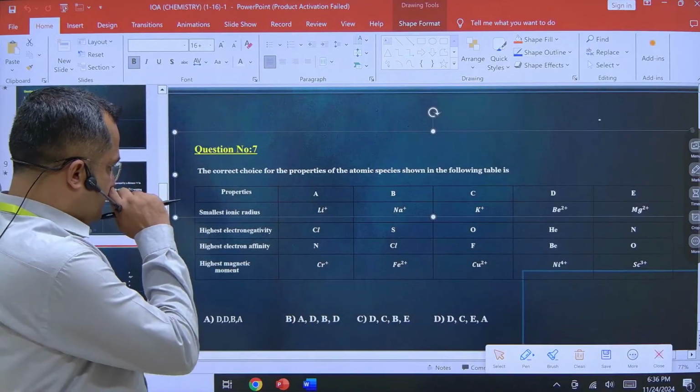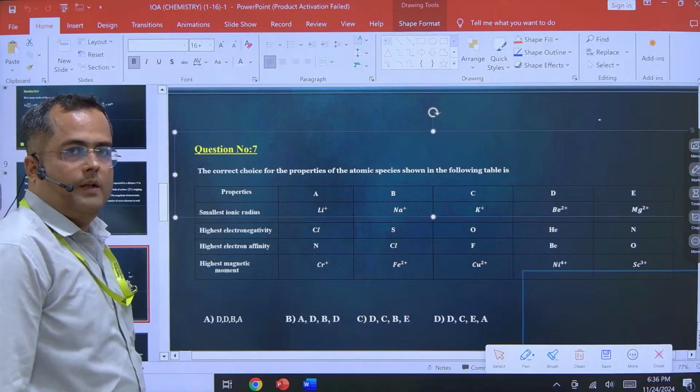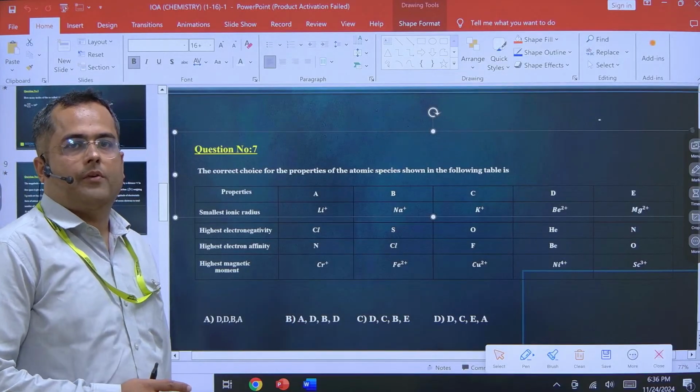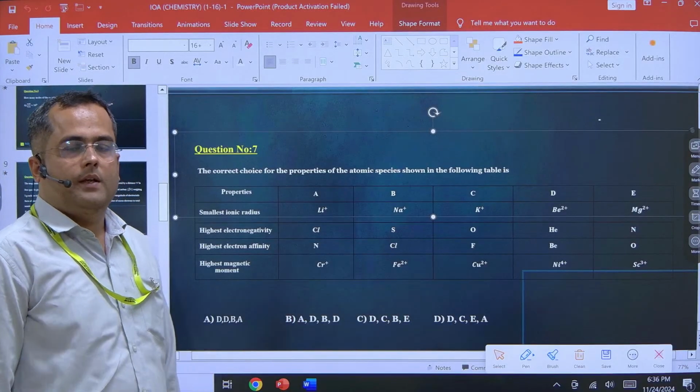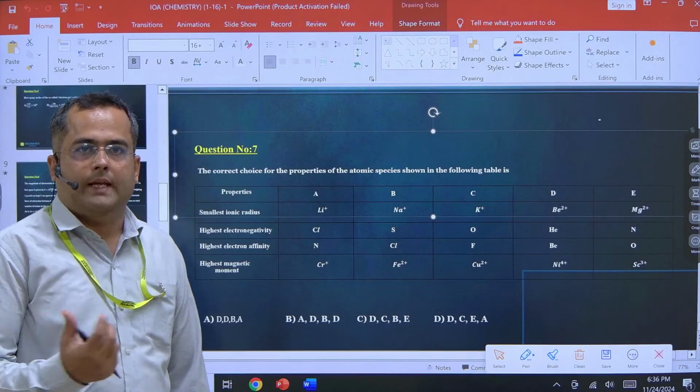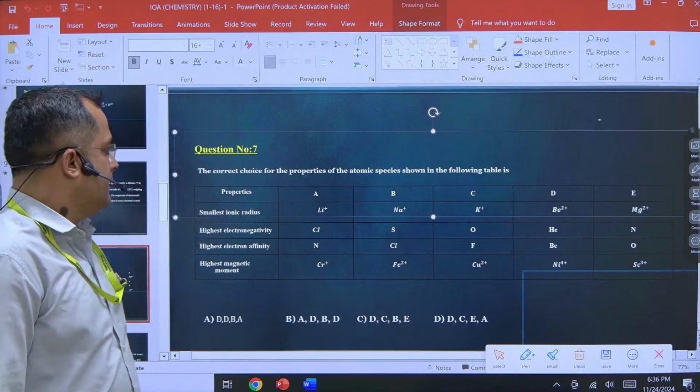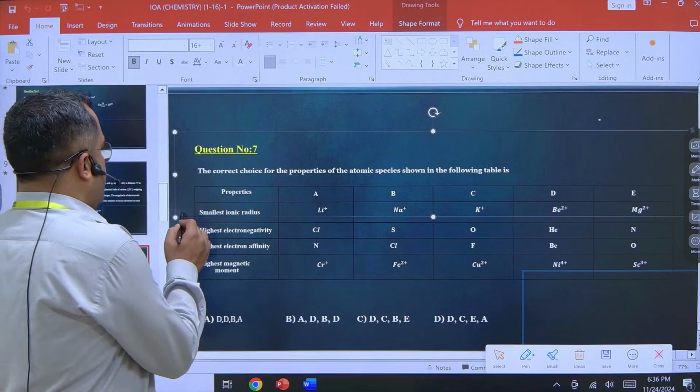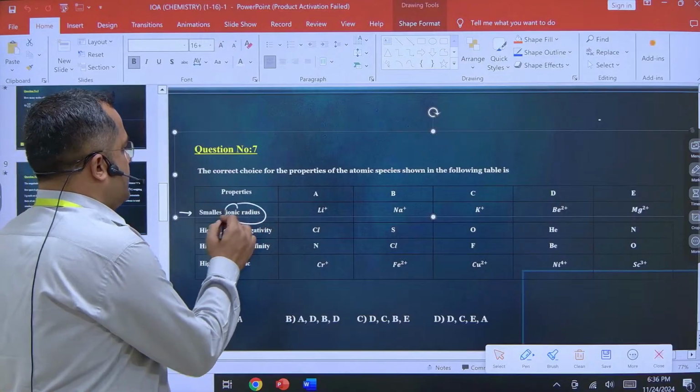See, we all know as we move from left to right in a period, the effective nuclear charge increases, and due to that, the size of atom or ion decreases. So they have asked here the smallest ionic size.